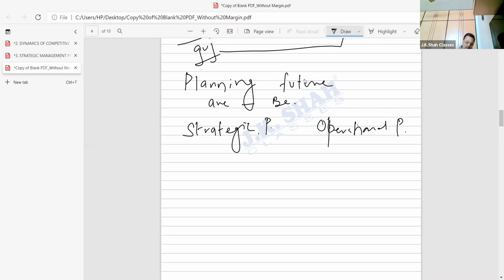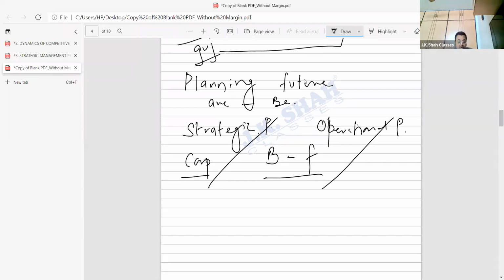We all know that in a company there are three levels of management: the corporate level, the business level, and the functional level. When I say planning by the corporate level, that planning is strategic planning. When I say planning by the business and functional level, that is operational planning.